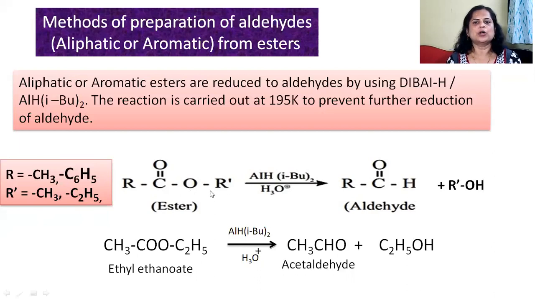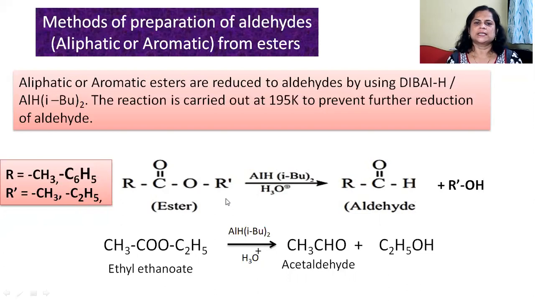The breaking of the bond between the carbonyl carbon of the ester and oxygen takes place with that reagent, diisobutyl aluminium hydride, and the reaction is carried out at 195 Kelvin to prevent further reduction of aldehydes. RC=O is one part, and the other part is R'O.